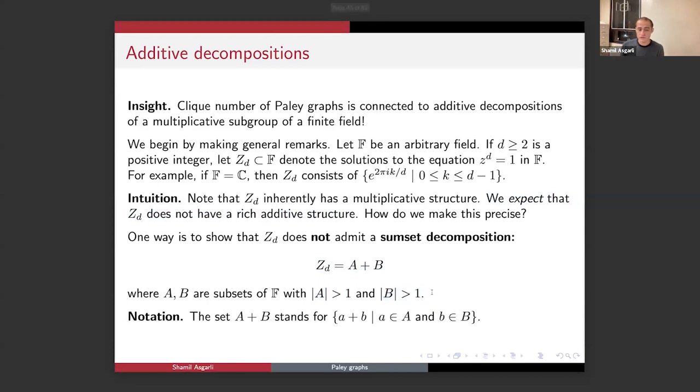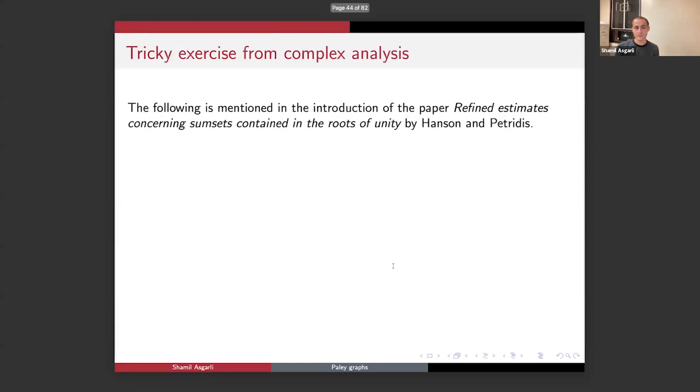And just to remind us of this notation, A plus B is the sumset notation, and that stands for all elements of the form a plus b, where a is in A and b is in B. So we don't expect this kind of relation to hold, because if this relation held, that would mean that Z_d simultaneously achieves a multiplicative structure and additive structure, which is extremely unlikely.